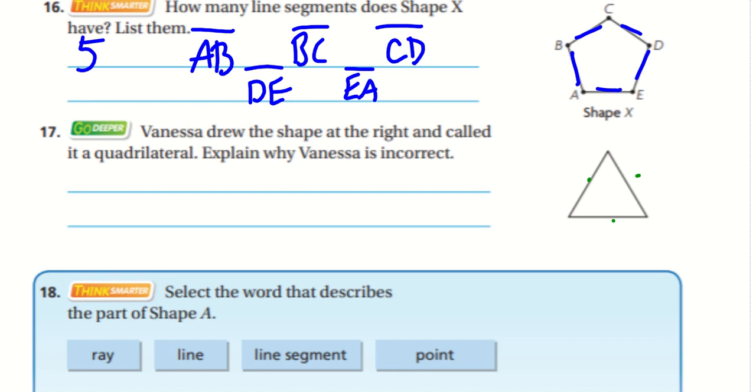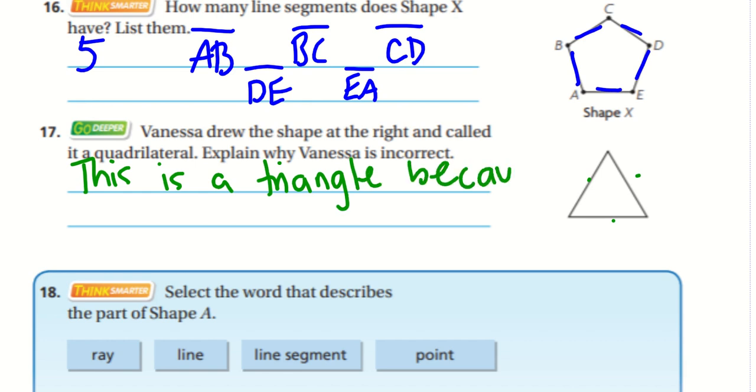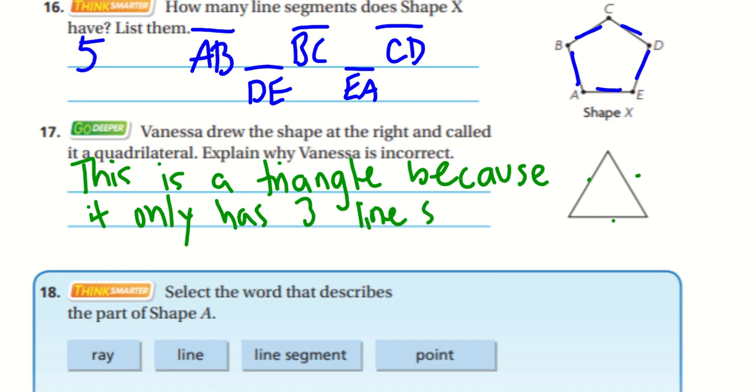Okay, so it says explain why Vanessa is incorrect. Okay, we need to say this is a triangle. And then we have to tell why, because it only has 3 line segments instead of 4.